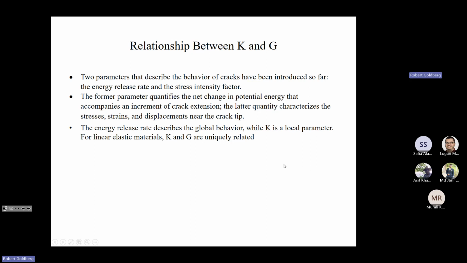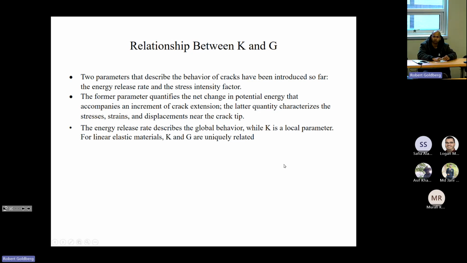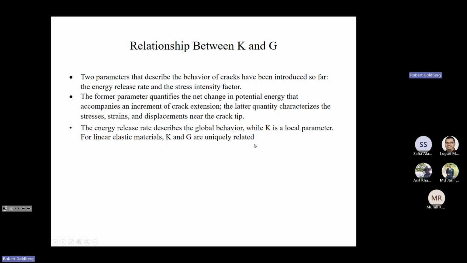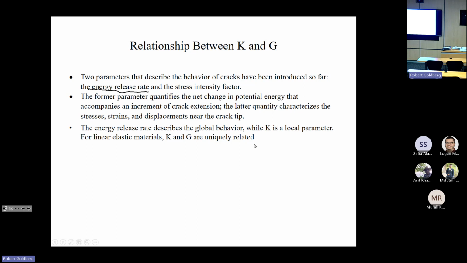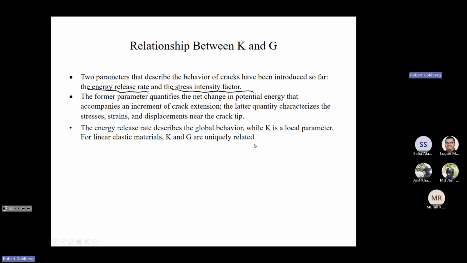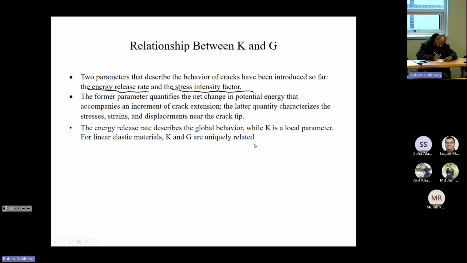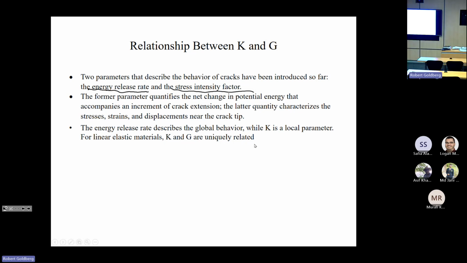But for the moment, at least for the first part of today's lecture, going back to linear elastic fracture mechanics, we've so far talked about two parameters that describe the behavior of cracks. We've talked about the energy release rate, and we've talked about the stress intensity factor. The strain energy release rate quantifies the net change in potential energy that accompanies an increment of crack extension.